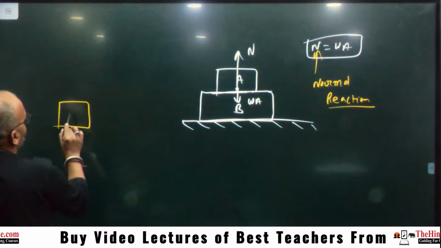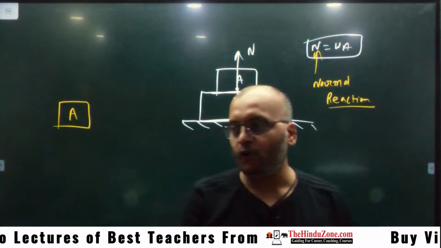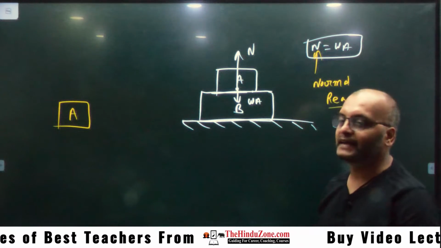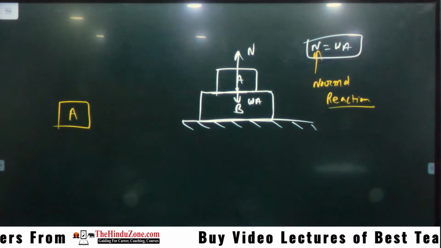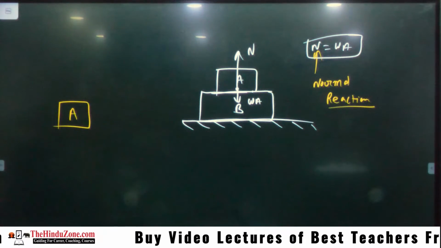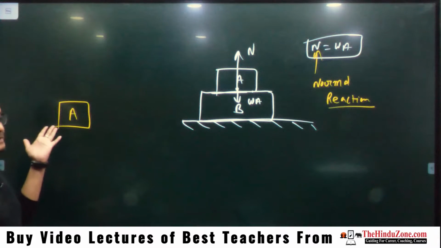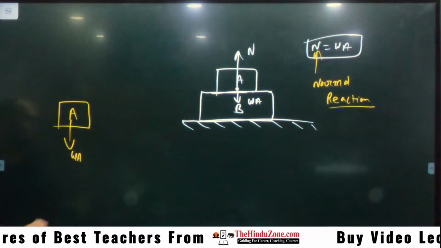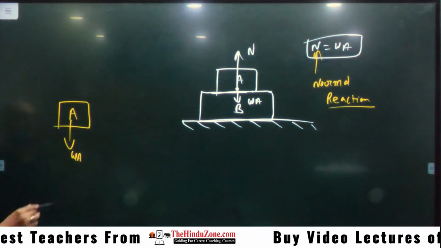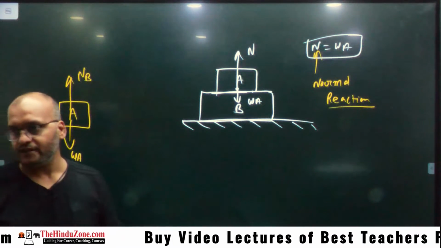Now please see, if I talk about body A, a block A, and if I draw all the forces acting on block A, then what will happen? Please see. Its weight is acting in the downward direction and a normal reaction due to B is acting in the upward direction.